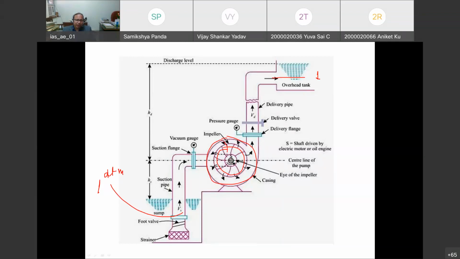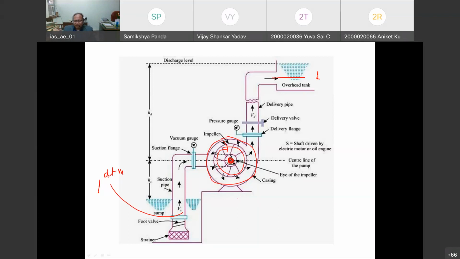So at the center of the impeller there will be a low pressure zone. Up to a certain extent you can reduce the pressure or create vacuum pressure, but you cannot create a complete, very high level vacuum.